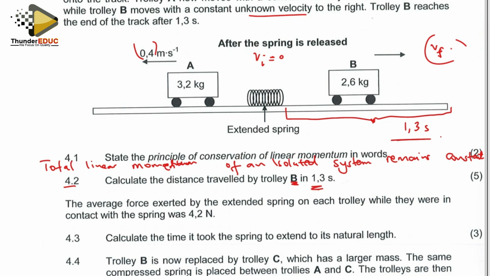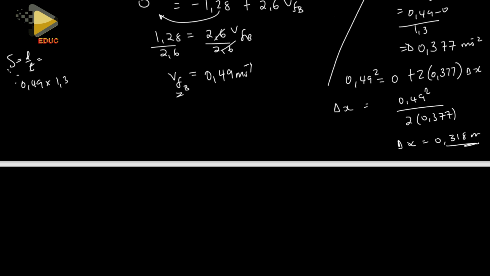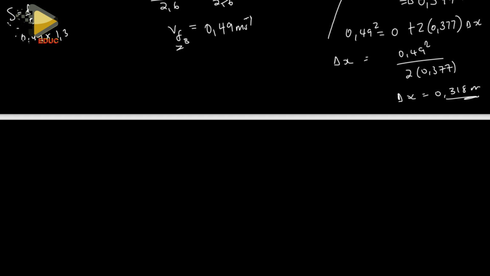Calculate the distance of vector V in this time. Initially at rest, and then final velocity is 0.49. So what would be the acceleration? Guys, I am going to go with that as my answer. All right, so 0.318 meters. That's the displacement.